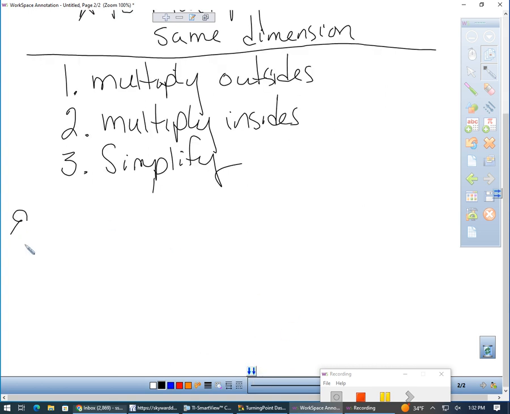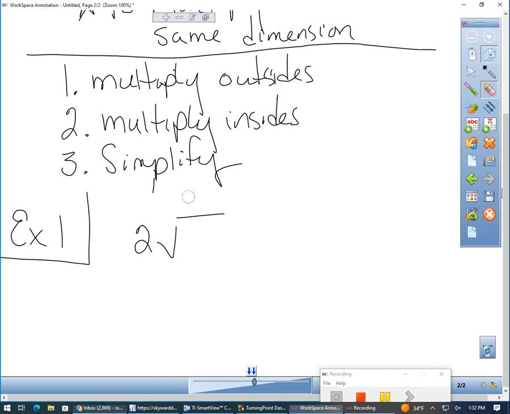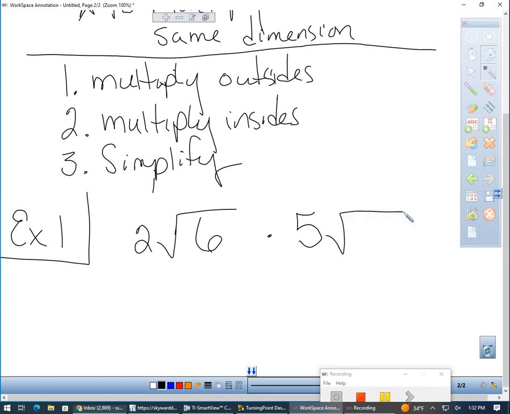So here is example number 1. Let's say I have 2 square root, and if there's no number there, that's the square root. I'm going to take my little number out of there for a second. Say I have 2 square root 6 times 5 square root 10.